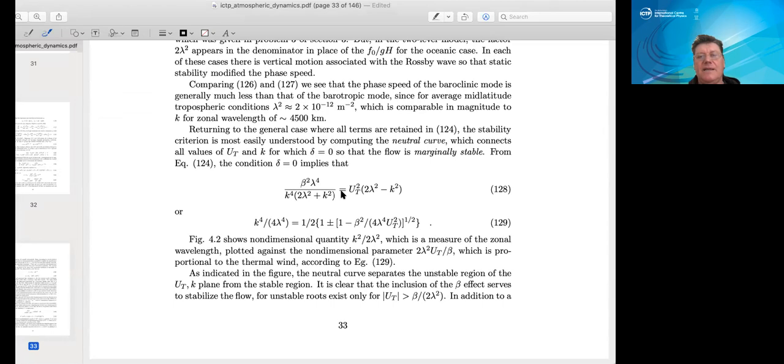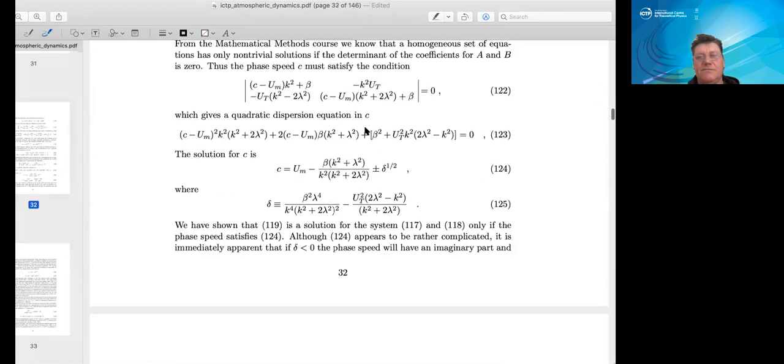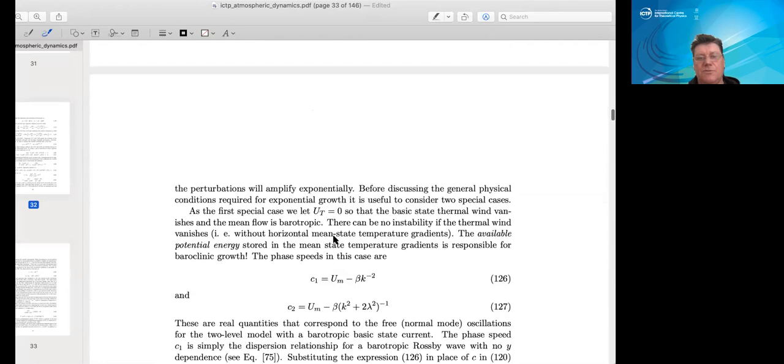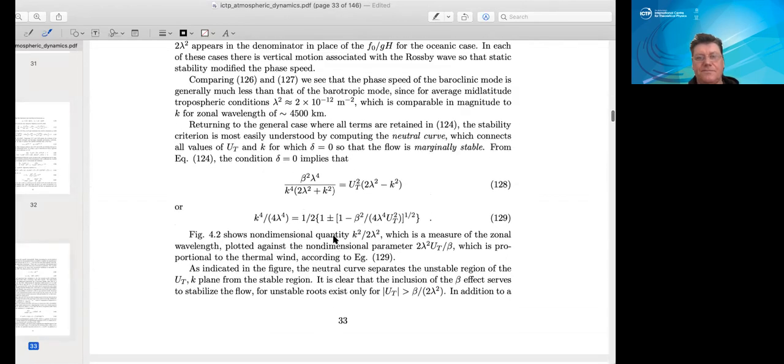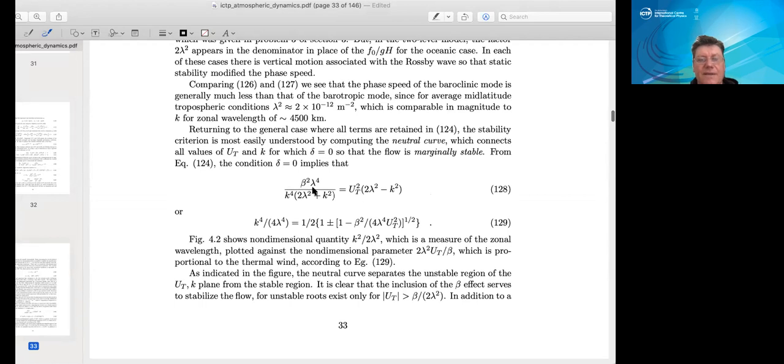Setting delta to 0 gives us this equilibrium between these two terms. So we get this equation here, which we can resolve, and there's a reason for doing this.